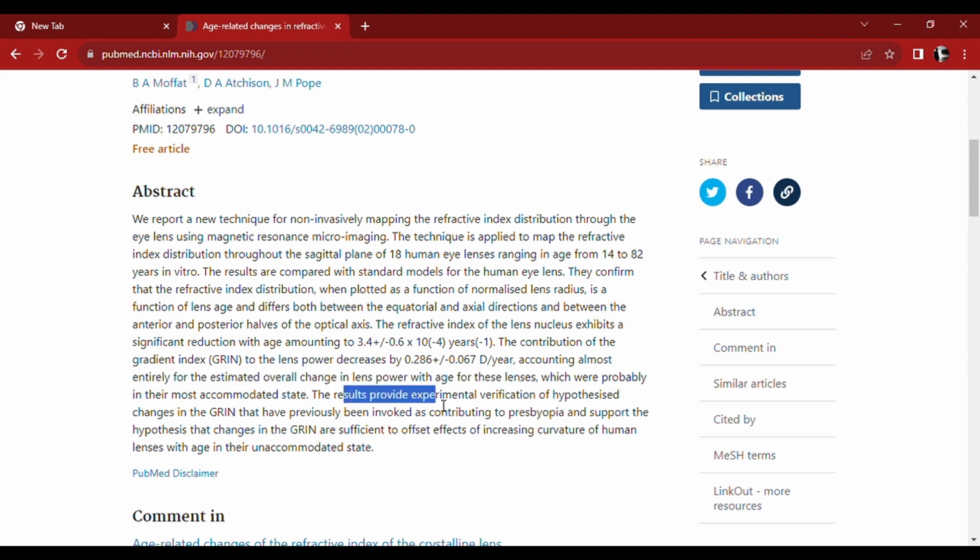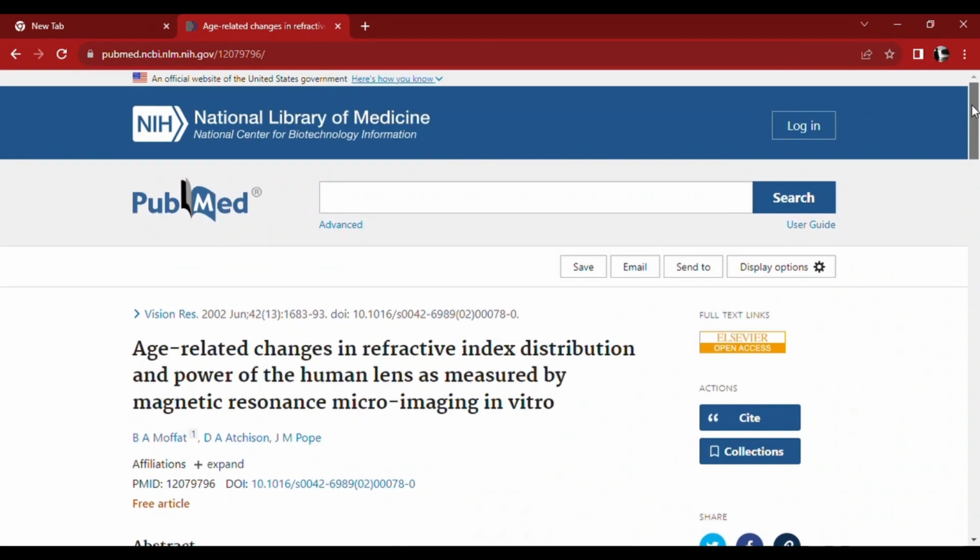So this result provides an experimental verification of the cause of presbyopia. So it is the changes to the lens, not the changes in the muscles controlling the shape of the lens, which causes the eye to lose its zooming ability. So that is the reason that we have presbyopia.